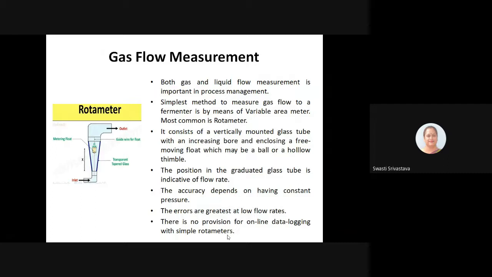In these cases, the float position is determined by magnetic or electrical techniques, but that provision has not normally been utilized for fermentation work. Rotameters can also be used to measure liquid flow rates, provided that abrasive particles or fibrous matter are not present. We will be discussing that later on.